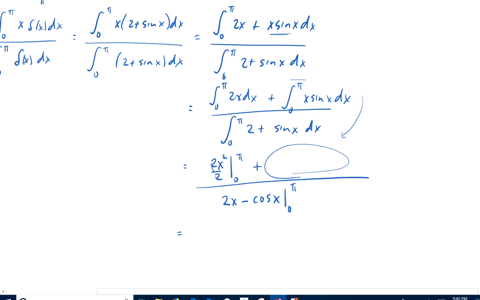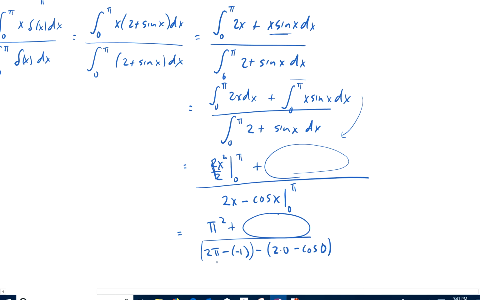So this one becomes pi squared plus whatever that is, over this becomes 2 pi minus the cosine of pi. Cosine of pi is negative 1, minus 2 times 0 minus cosine of 0.